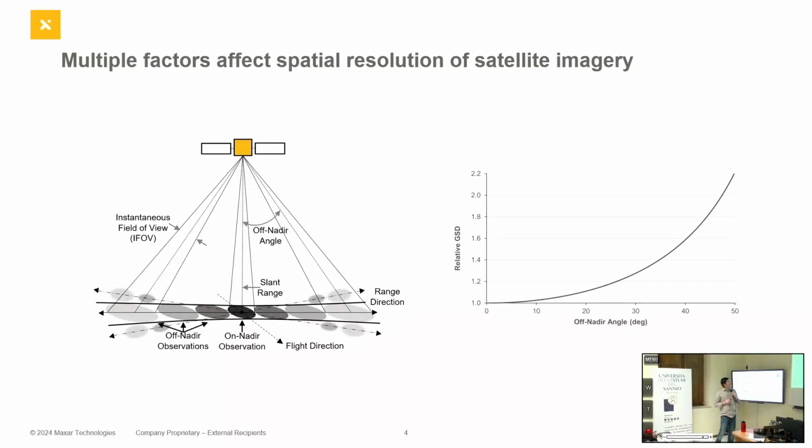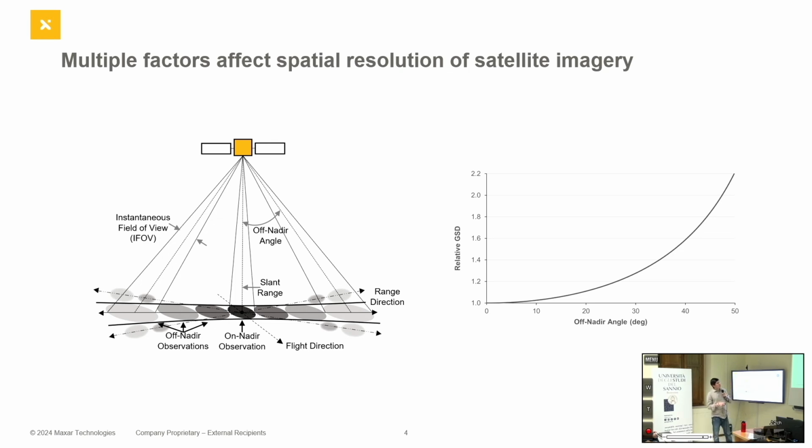Okay, let's start with this. We have been talking all morning about the pointing agility of the satellites. This is just an illustration to show that if you're at nadir, your pixel is like this. But the more off nadir you go, the bigger your pixel will be, and so your resolution will decrease.